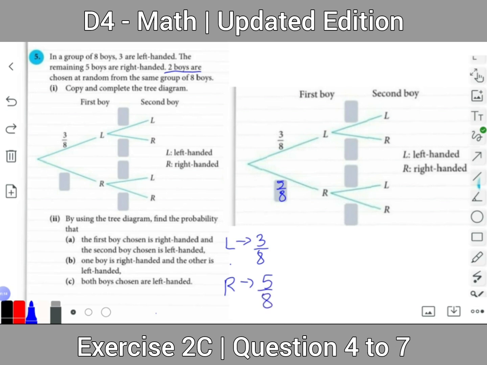Now we have to choose two boys at random from the same group, which means we have to take away from the same group.